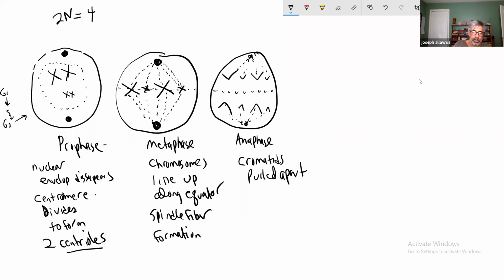One set of chromatids is going in one direction, and one is going in the other. At this point, when the chromatids are pulled apart, we don't call them chromatids anymore. We actually call them sister chromosomes. Interesting, huh?